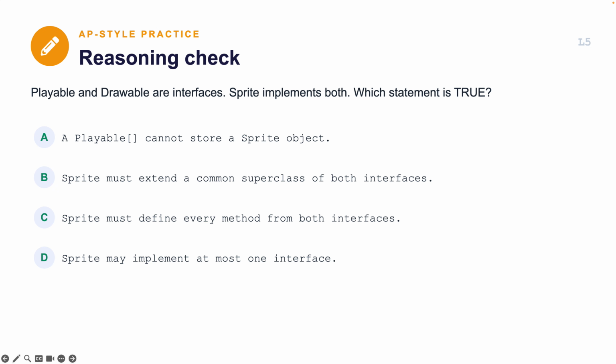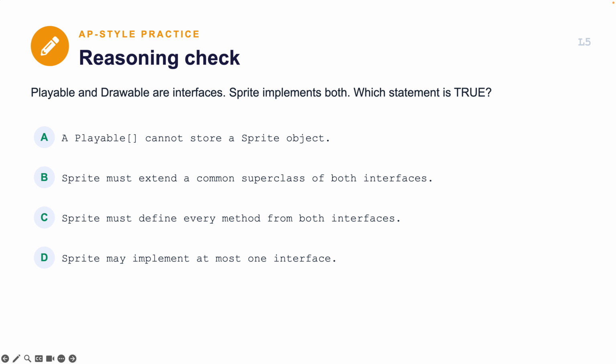All right, let's try this one before we end it off. Reasoning check. Playable and Drawable are interfaces. Sprite implements both. Which statement is true? Option A is false. A Sprite is a Playable. It implements it, so it fits a Playable reference. Option B is false. An interface requires no shared superclass. That's exactly their advantage.